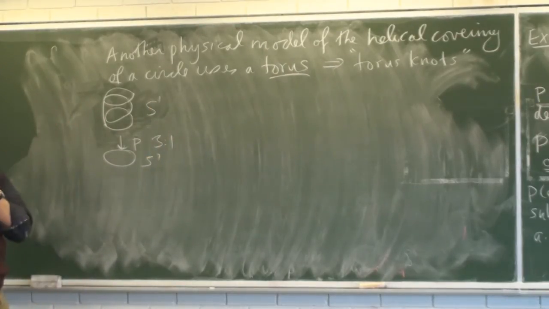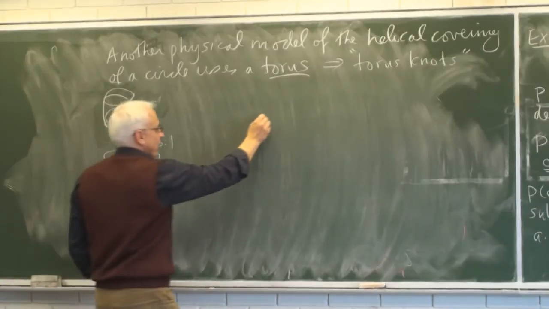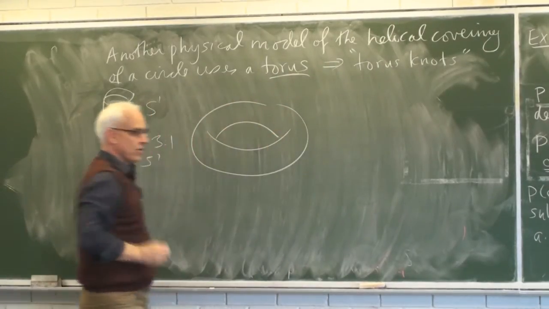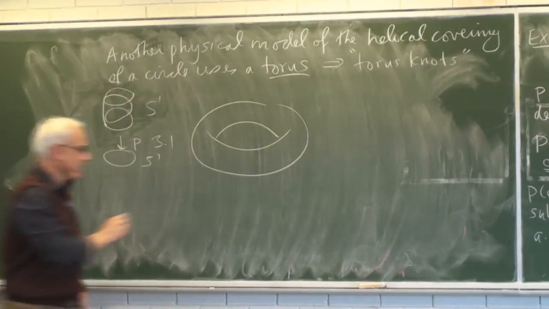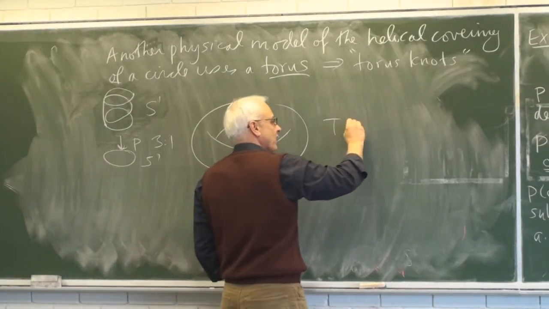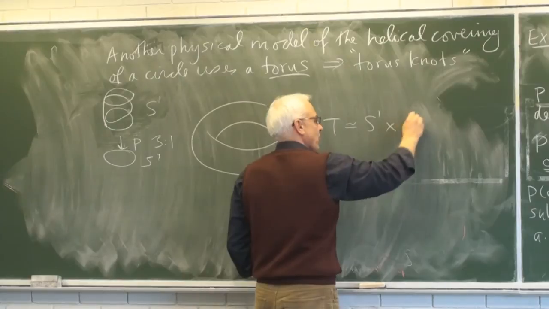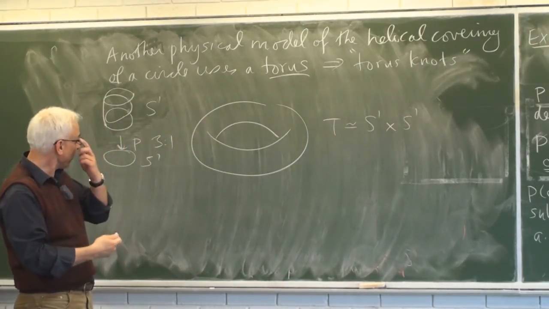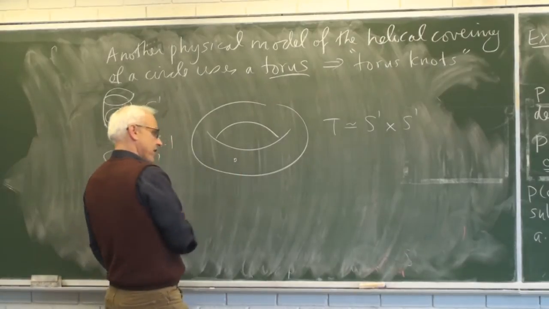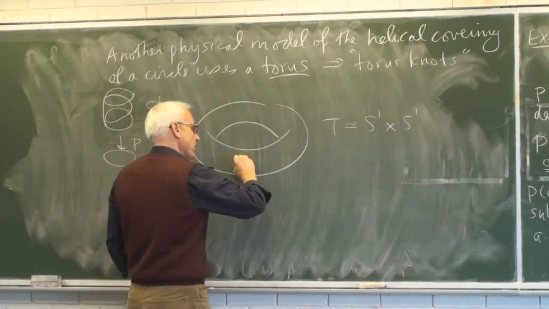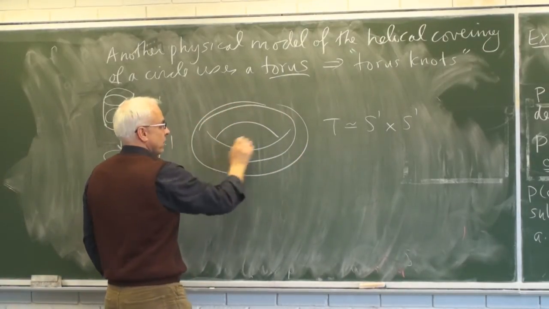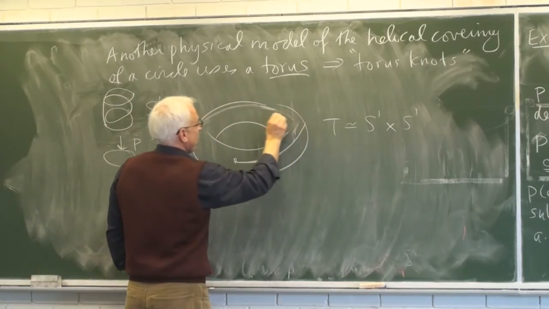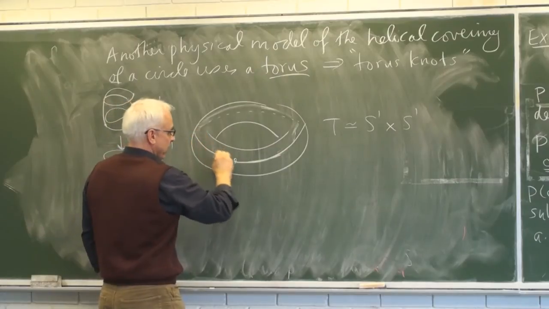So a way of visualizing this using a torus is the following. We consider a torus like this. And of course, a torus is a circle across a circle. We can think about 2 coordinates on the torus. If there's a base point, we can think of having one circle going around like this, and then it will go around the back, come out front like this.